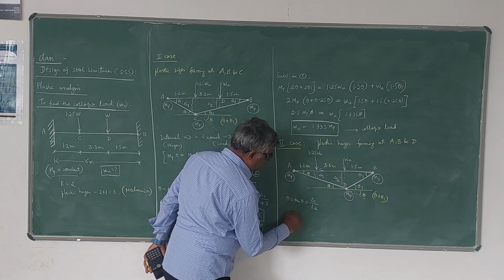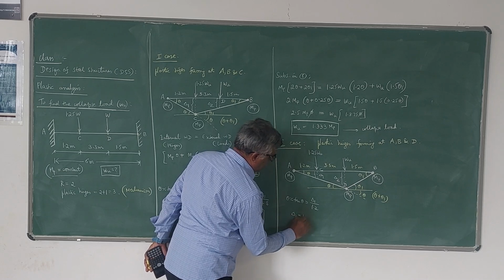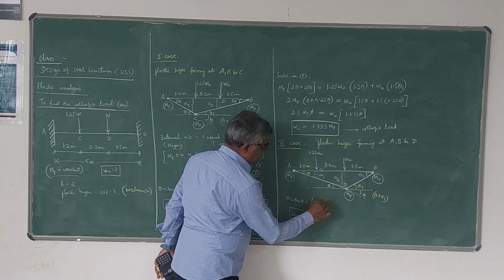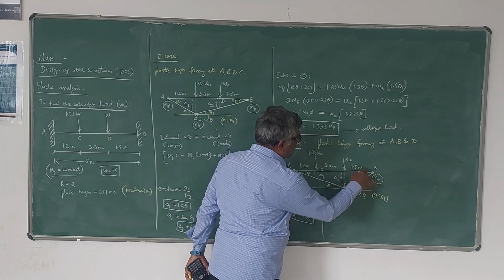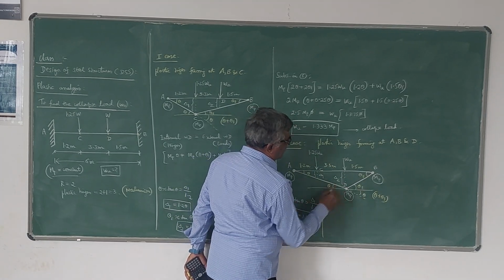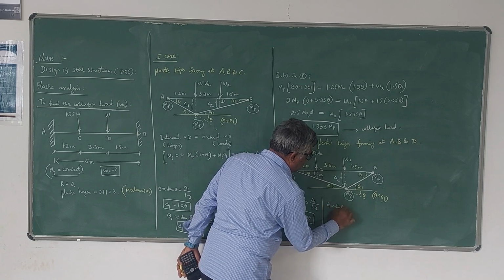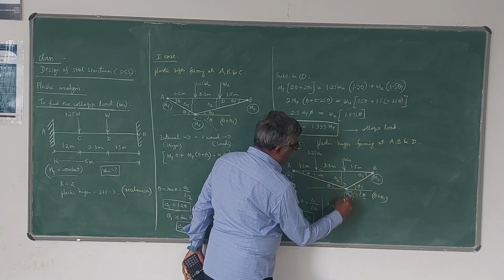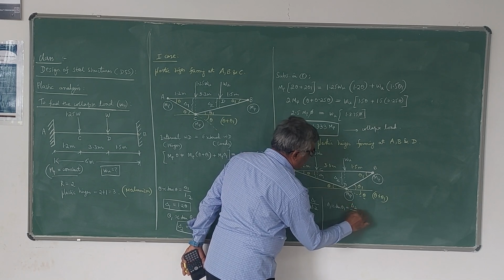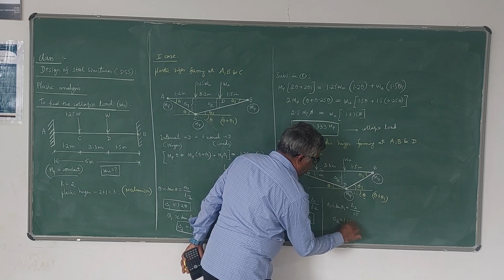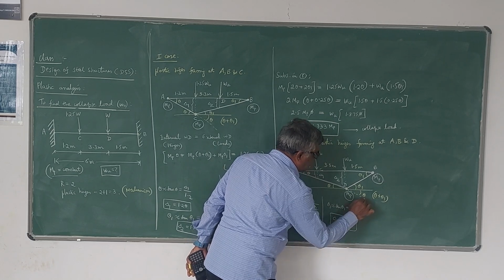Therefore, delta 1 is equal to 1.2 times theta. This is the relation. Next, second relation, this triangle: theta 1 nearly equal to tan theta 1, because theta 1 is very small, equals delta 2 divided by 1.5. Therefore, delta 2 is equal to 1.5 times theta 1.